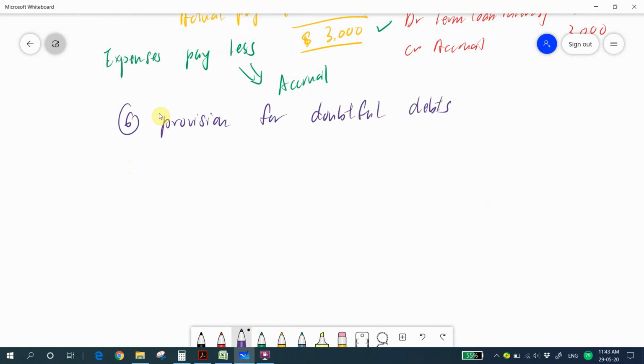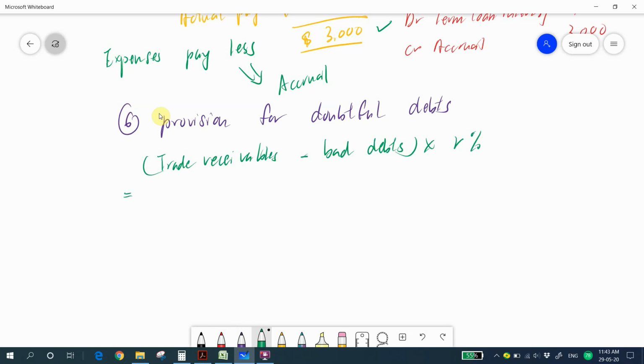We know the formula for provision for doubtful debts: we use trade receivables minus bad debts if we have, and multiply by the rate of provision for doubtful debts.